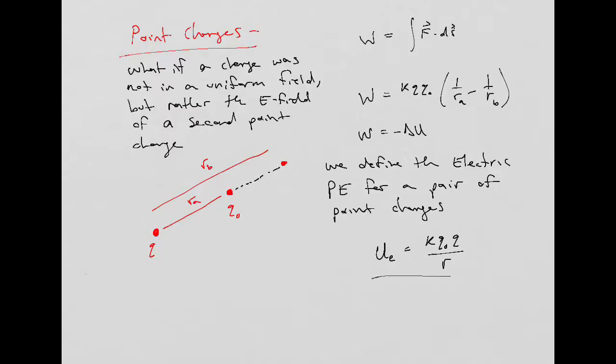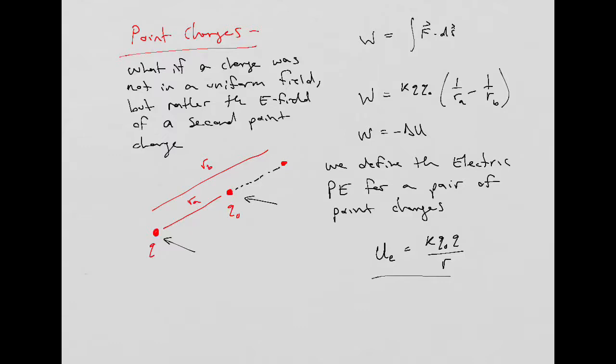Because while Q naught is certainly in the electric field of Q, Q is also in the electric field of Q naught at the same time. So they both have potential energies because they're both in electric fields produced by the other one.